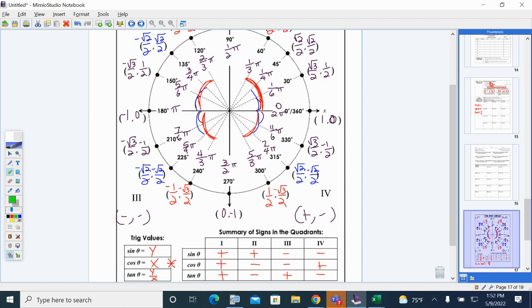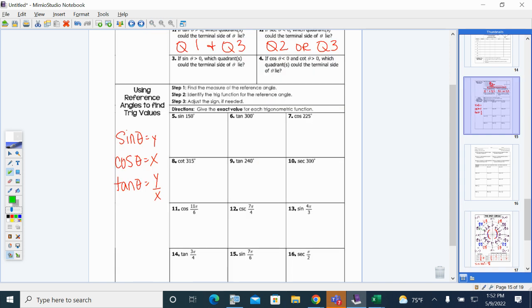I'm going to highlight the 150, which is here, right? And we know that sine is the y-coordinate. The y-coordinate there is 1/2. So the answer to question number 5 is 1/2. Now, what if we don't have the unit circle drawn out.